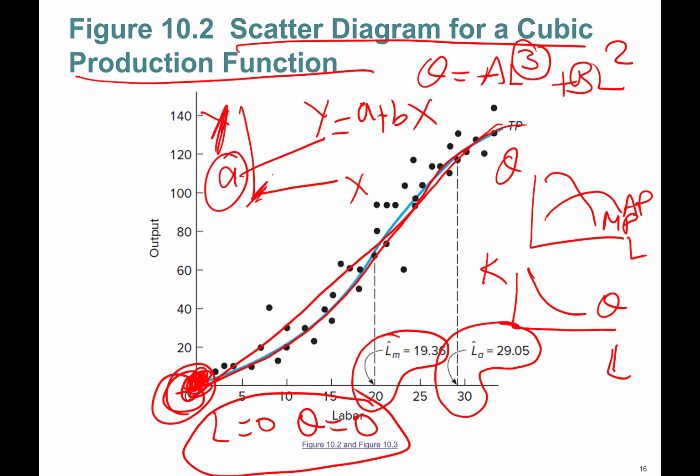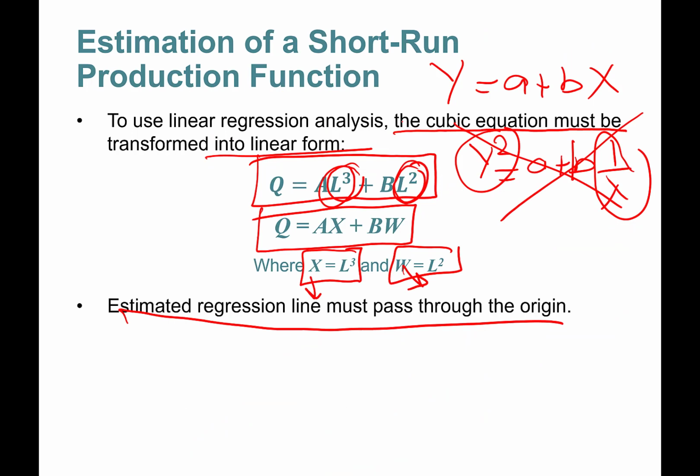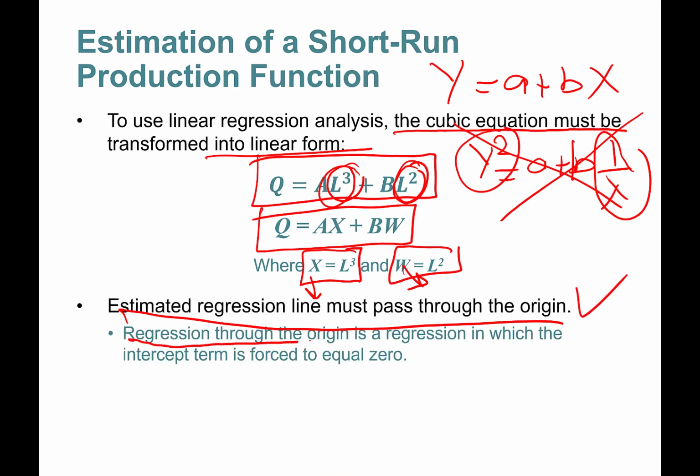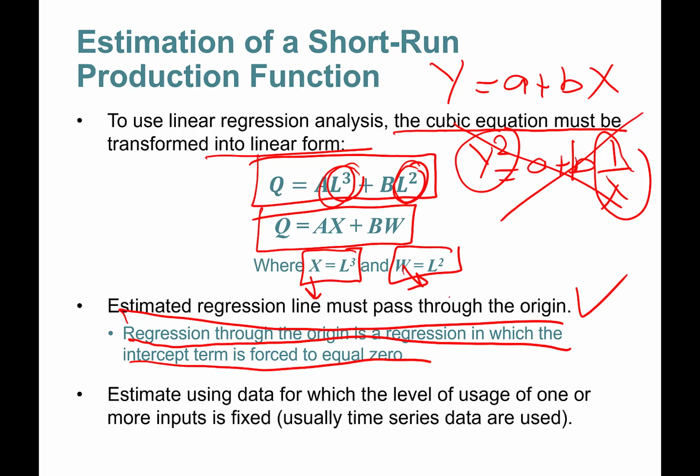I want my intercept to be forced to pass through the origin, so I want this little a to be 0, in other words. So we need that restriction too. Keep that in mind. Regression through the origin is a regression in which the intercept term is forced to equal 0. That's what we want.